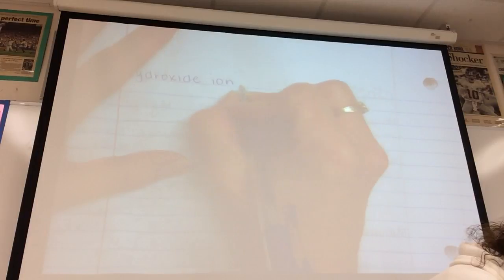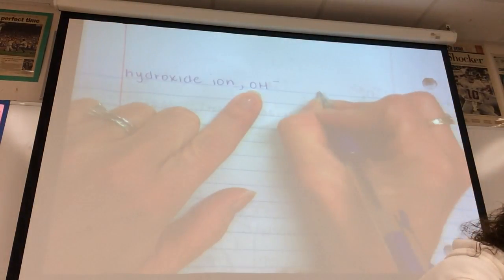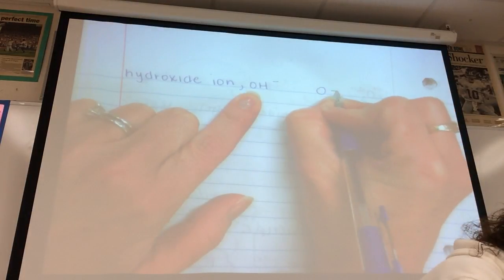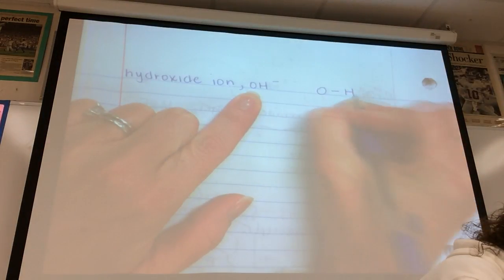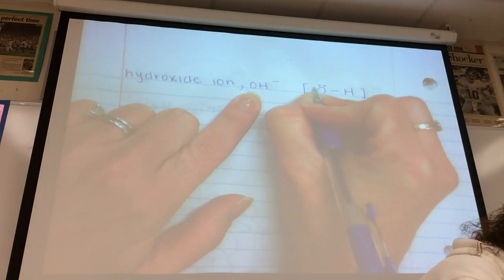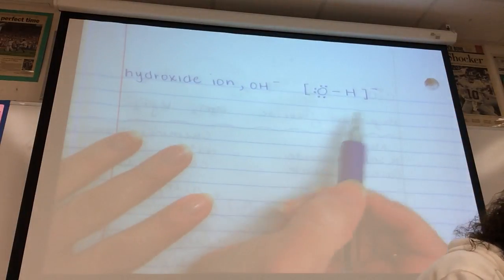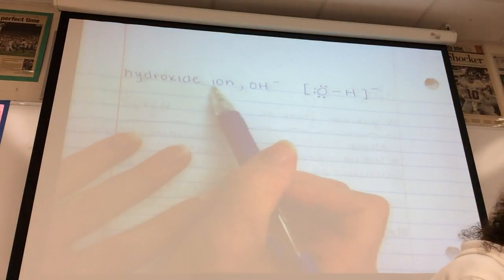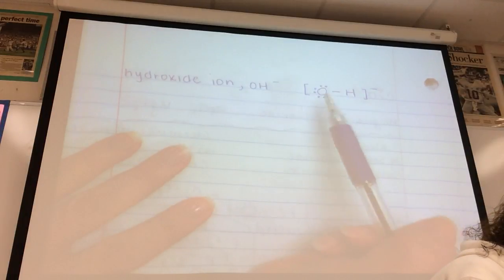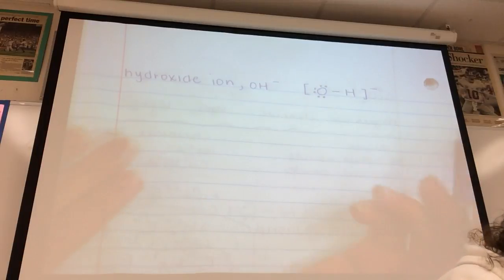You have the following, where O is covalently bonded to H. I'll teach you how to draw these later this 9 weeks. Don't worry about the drawing right now. Negative charge. So in a polyatomic ion such as hydroxide ion, you have 2 or more atoms that are covalently bonded, and there's a charge over the whole piece.